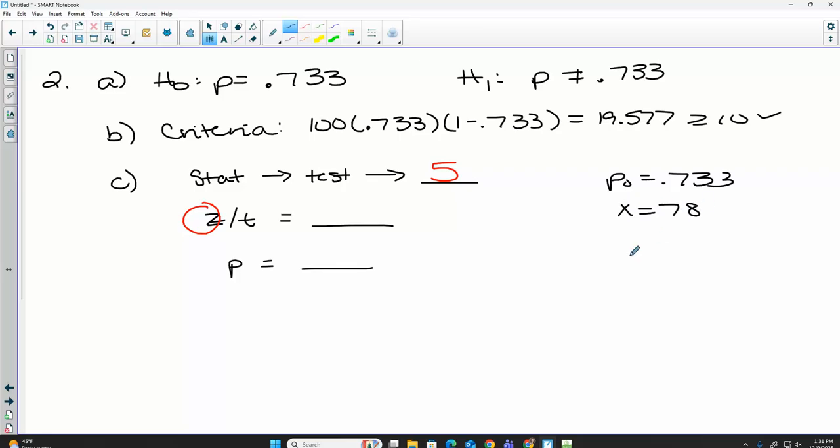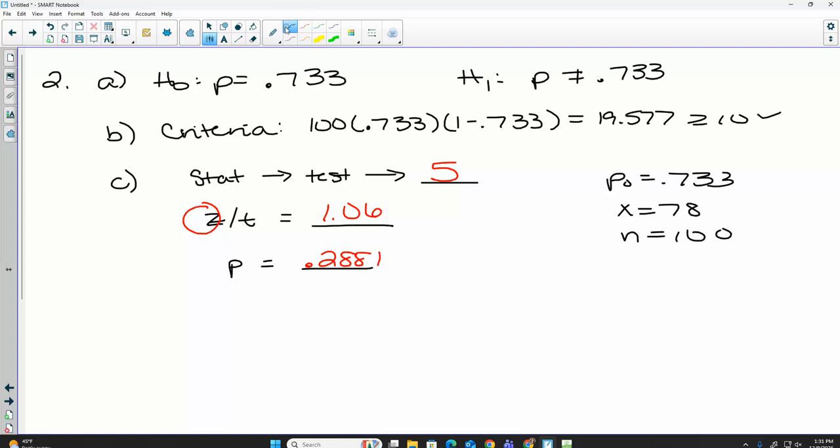What's my N? Okay, be helpful to write those down on the test, just in case you make a mistake. I can realize that you were trying to put in the right thing, you just typed something wrong. So when I do that, it gives me my Z of 1.06. You can do more decimals if you want. P is 0.2881.